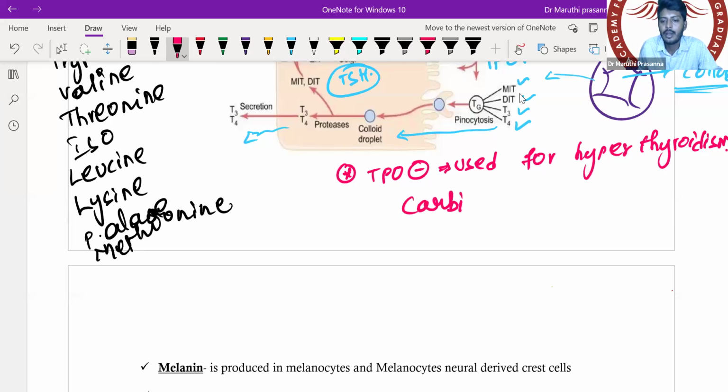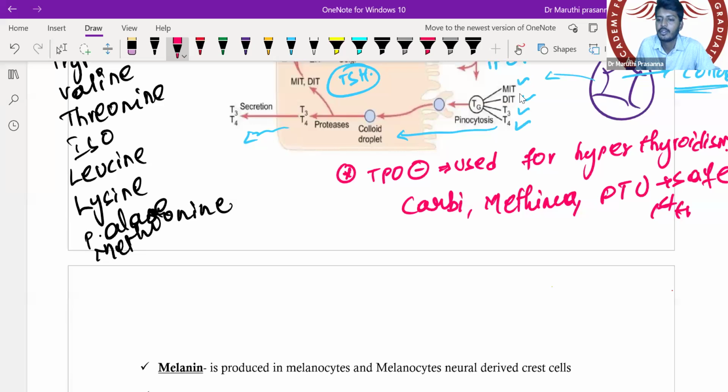PTU is safe in the first trimester of pregnancy. Carbimazole and methimazole are used for the second and third trimester, because propylthiouracil cannot be used for a longer period of time. If you use it for a longer period, it will lead to fulminant hepatitis and agranulocytosis, but it does not affect the fetus. That's why we are using it in the first trimester.